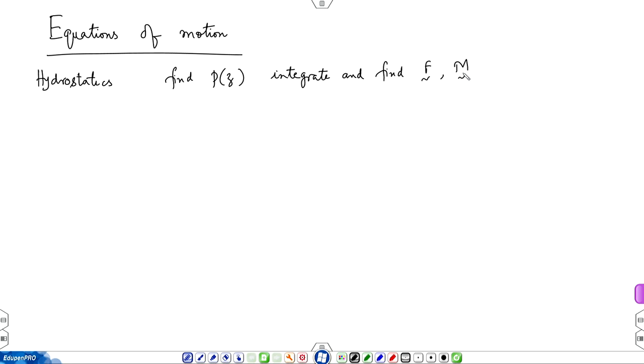So moving on, now this is chapter 3 of the book, where the fluid is now in motion. So now you still have to find pressure, but there is one more unknown.